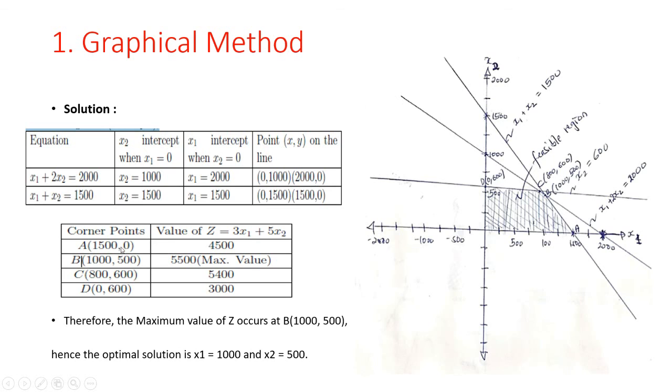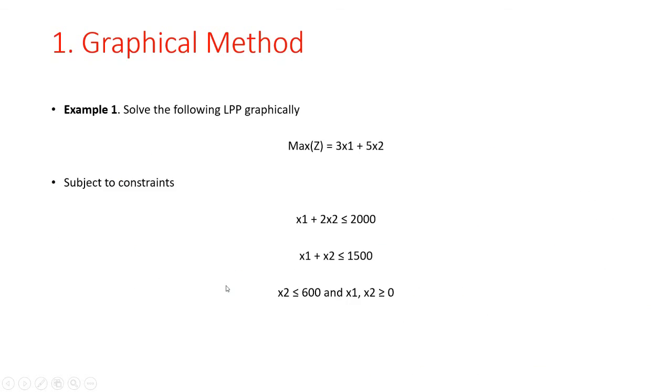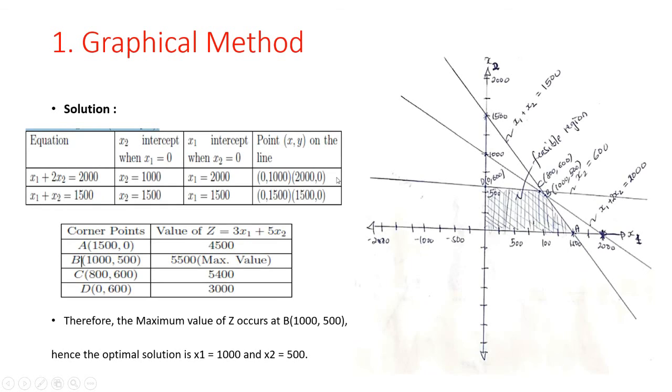A, B, C, D are the corner points, and by using the x1 and x2 values of A, B, C, D, we can find the optimal solution. So what is our objective function? 3x1 plus 5x2. We put all these values of x1 and x2 in this equation. For corner point A, 1500 comma 0, the objective value z equals 4500.